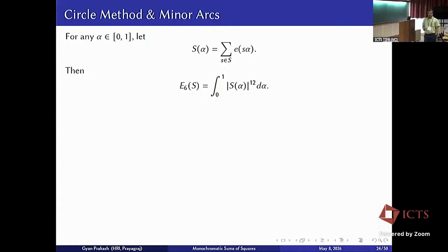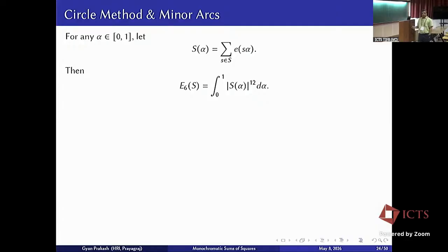Now, for instance, when you estimate these things on the minor arc, one thing which you use is Weyl differencing, and some sort of Parseval or Hua, whatever, but nevertheless, Weyl differencing. Weyl differencing does what? Here S is a sum over squares because this is in the subset of the squares. If it is a full set of squares, it will convert it into a geometric progression.